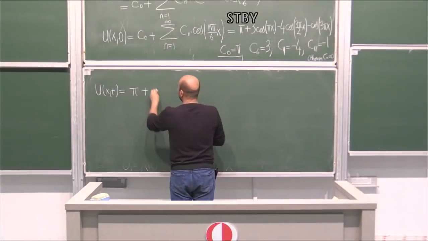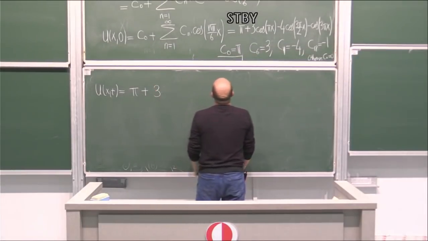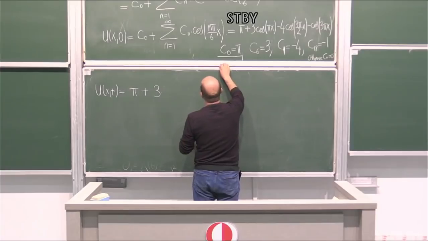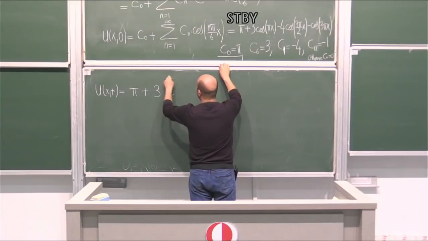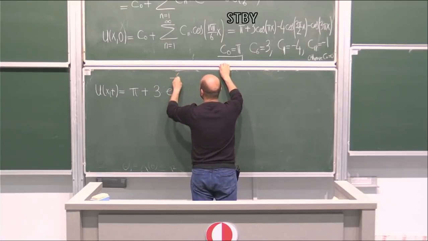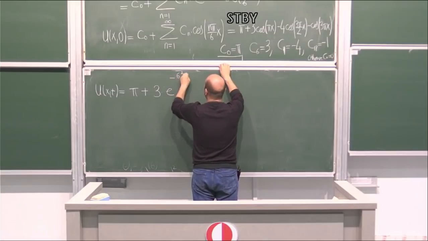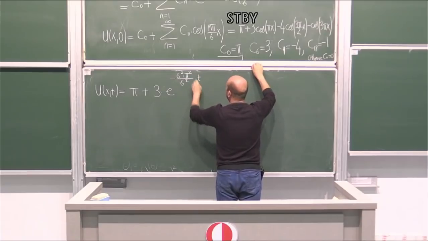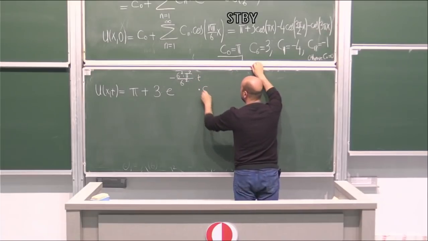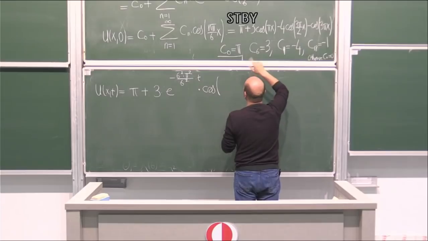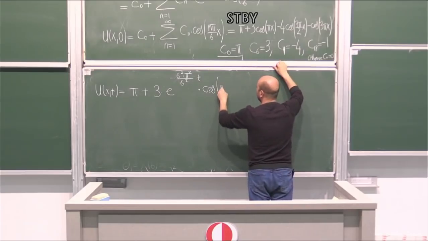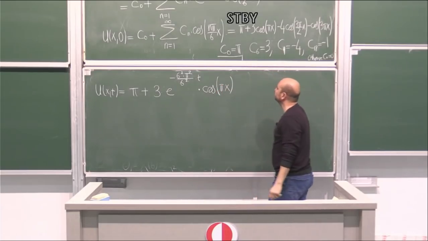So we have 3 times e to the minus 6 squared pi squared over 6 squared t times cosine, and 6 over 6 is 1, so we have cosine pi x.